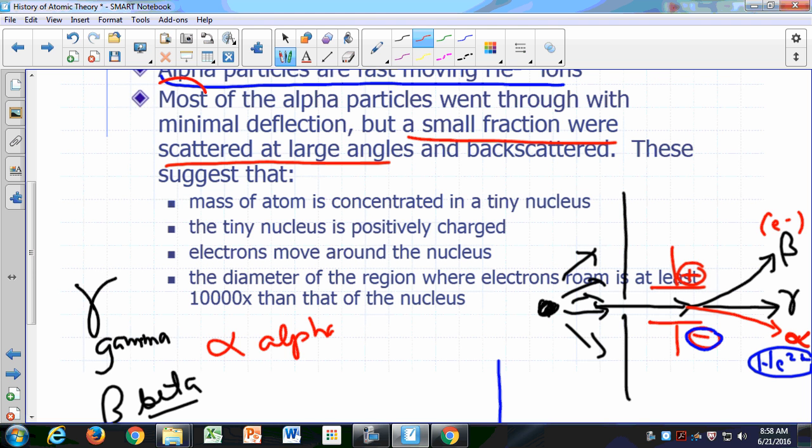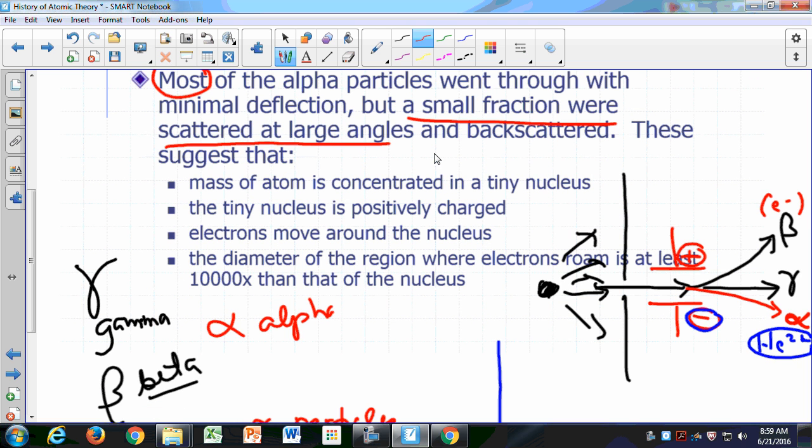If the plum pudding model were correct, they expected all of the alpha particles to pass through with minimal deflection. Most of them did, but this small fraction were scattered at large angles, and some were even backscattered.